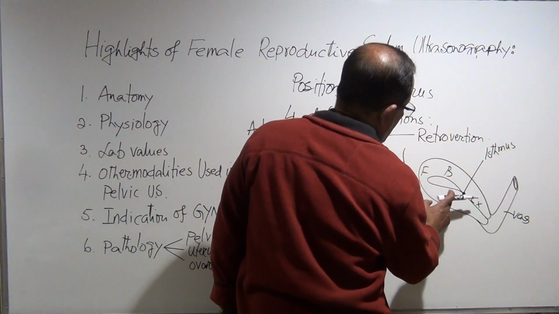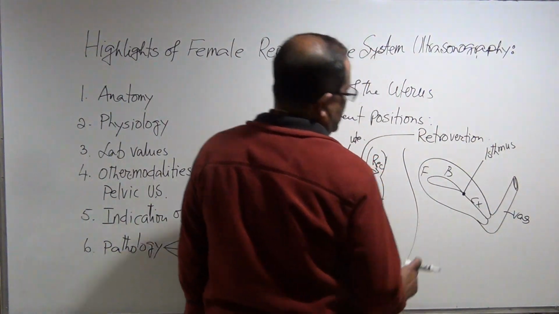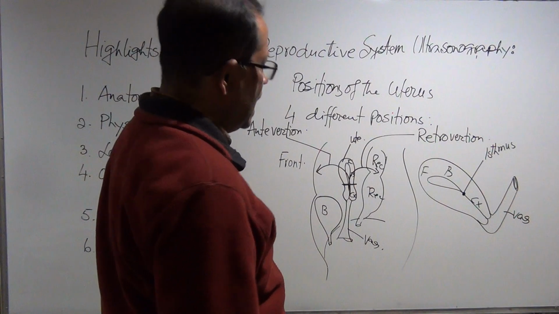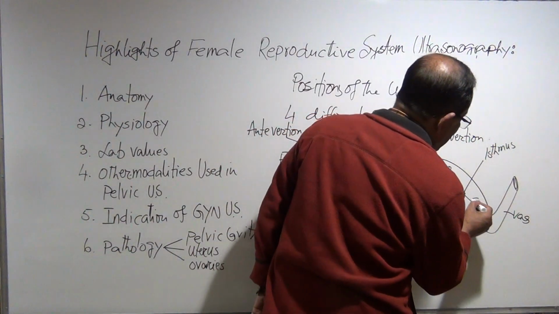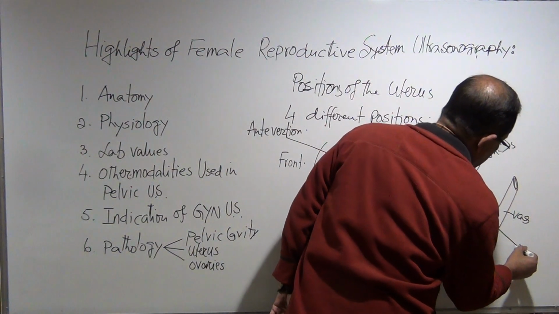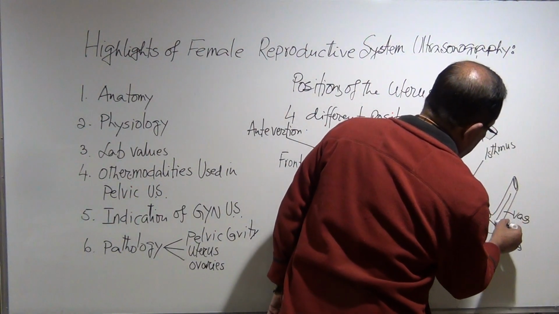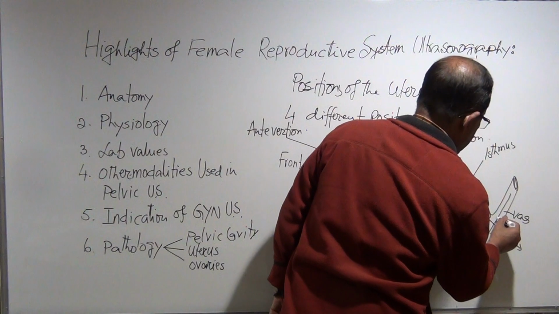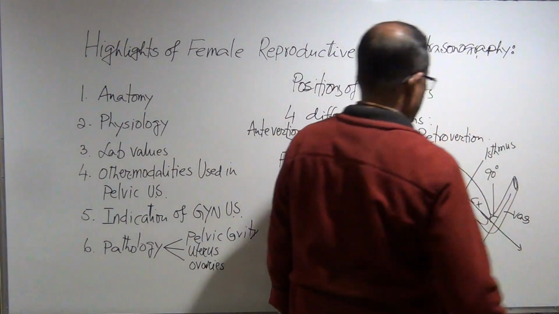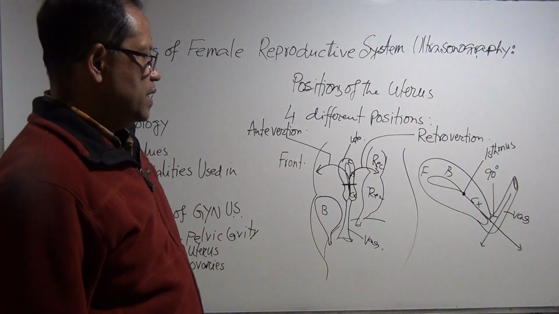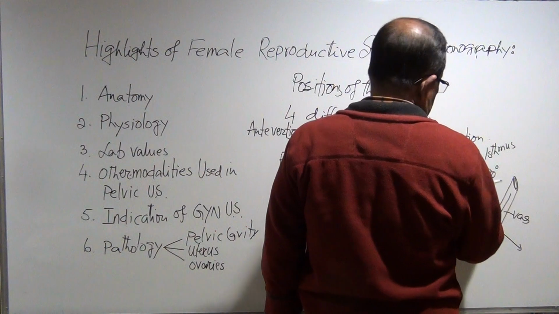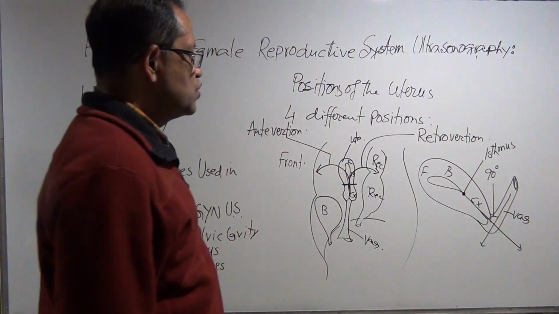So cervix, body, fundus is a nice C-shaped. And if you draw the line through the cervix, and if you draw the line through the vagina, look at here, it cuts a 90-degree angle.